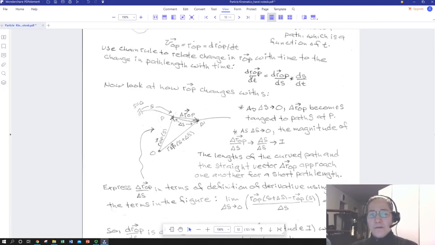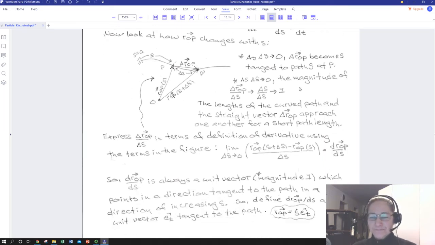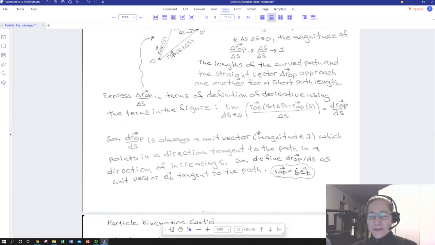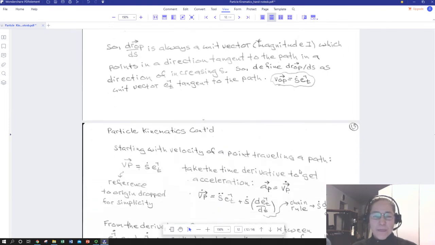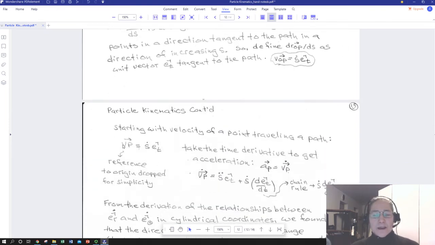So v going down the path is the tangent unit vector times the rate of change of the length of the path we've traveled. So s dot e_tangent. And this is again, I've removed the O for simplicity. So this is the velocity of the particle traveling along the path.